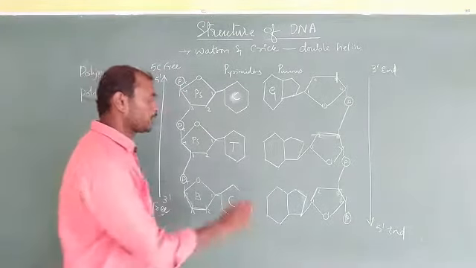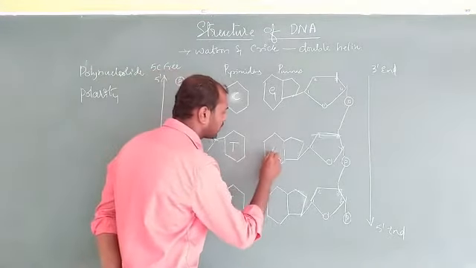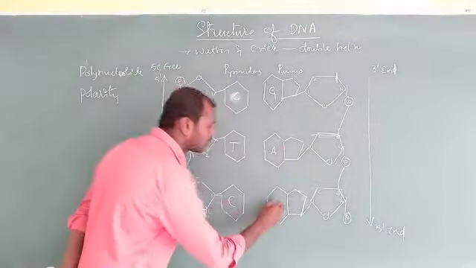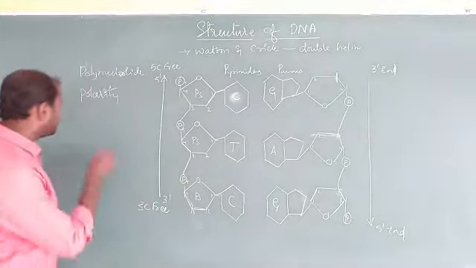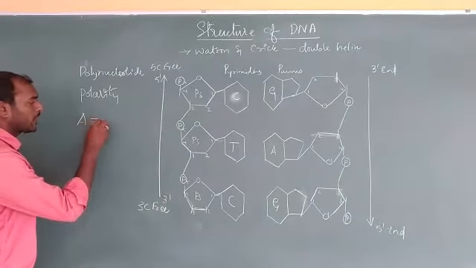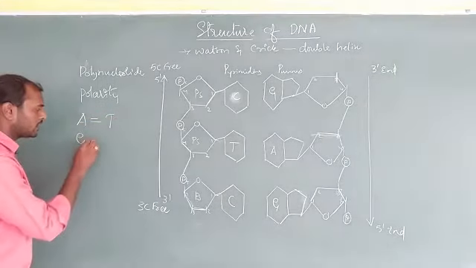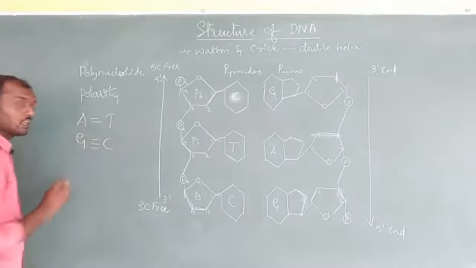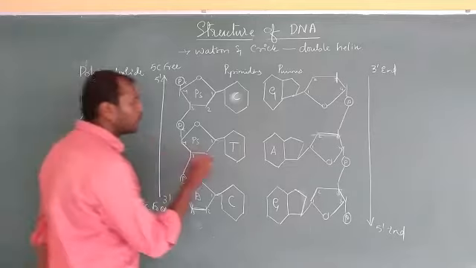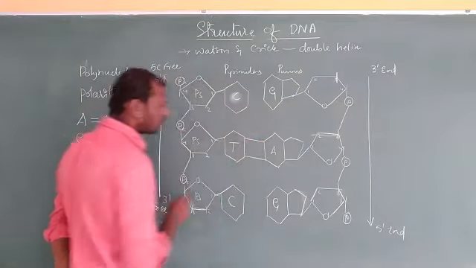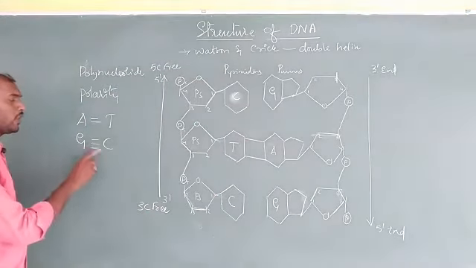T is going to bind with A and C is going to bind with G. Opposite, A is going to bind with T and G is going to bind with C. One interesting thing is that A binds with T with 2 hydrogen bonds and G binds with C with 3 hydrogen bonds.